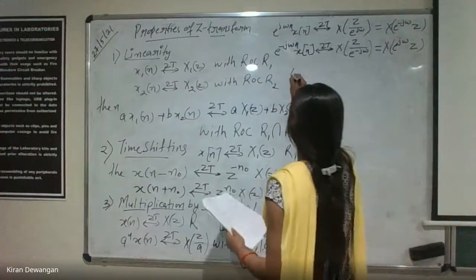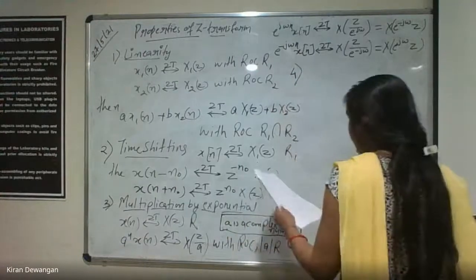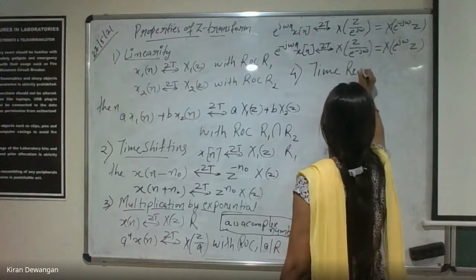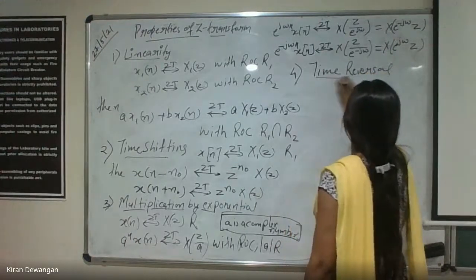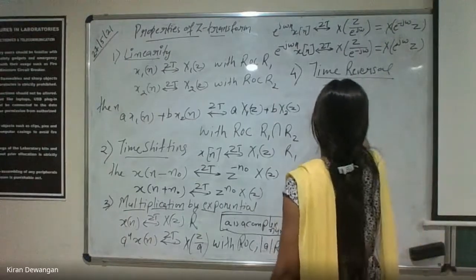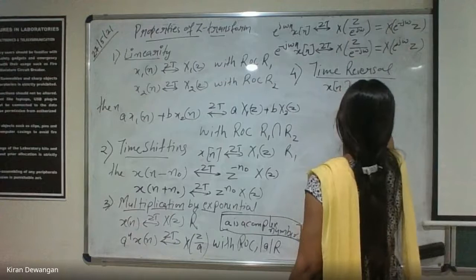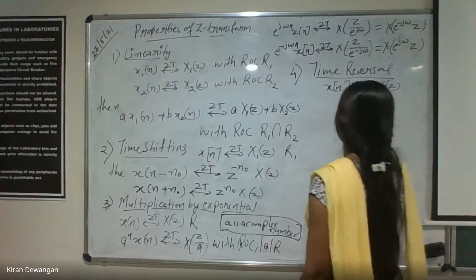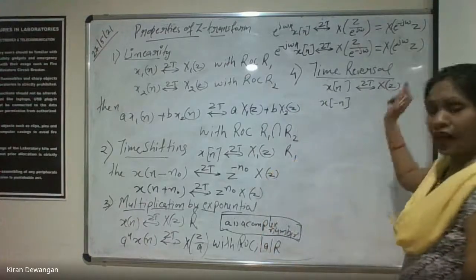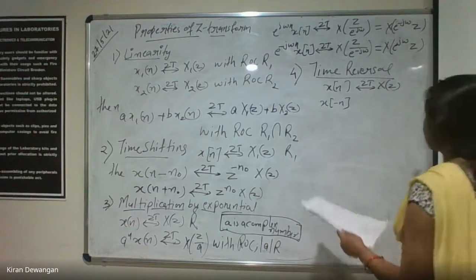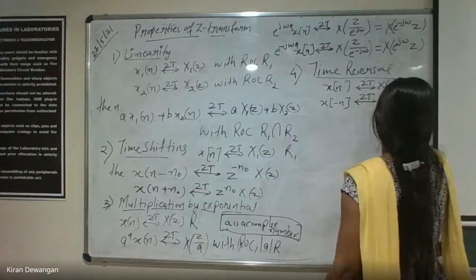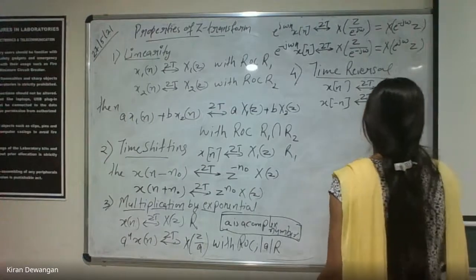Now the fourth property. Fourth property is time reversal. Time reversal says if x of n has the z transform x of z, then x of minus n, definitely if it is a time reversal, will have z transform x of 1 by z.